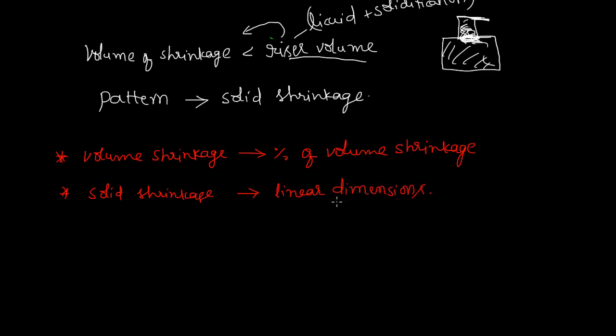Linear dimensions, that means per meter length, like that. So solid will contract by 1 for 1 meter length if it is given as 1 as a value, right? If it is given as 10, the solid will shrink 10 over 1 meter length. For 2 meters it will shrink by 20, for 3 meters it will shrink by 30, for 4 meters it will shrink by 40. So if we increase the length of the casting, the shrinkage value will also increase, right?